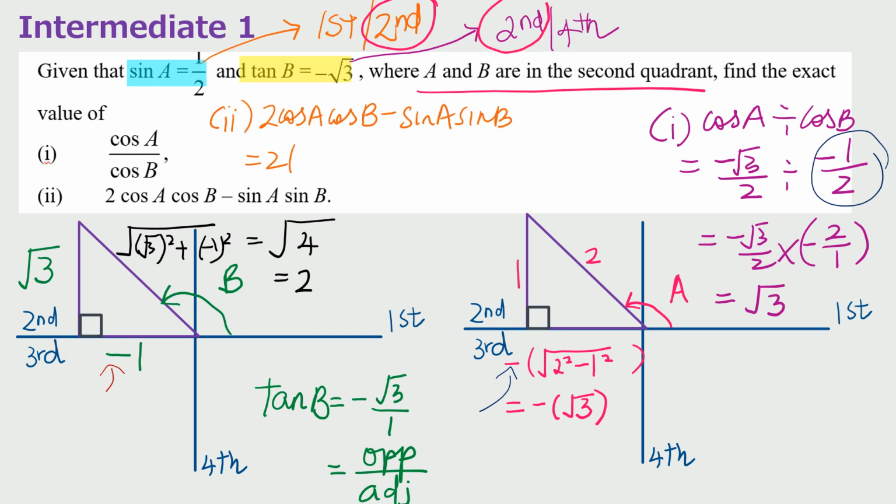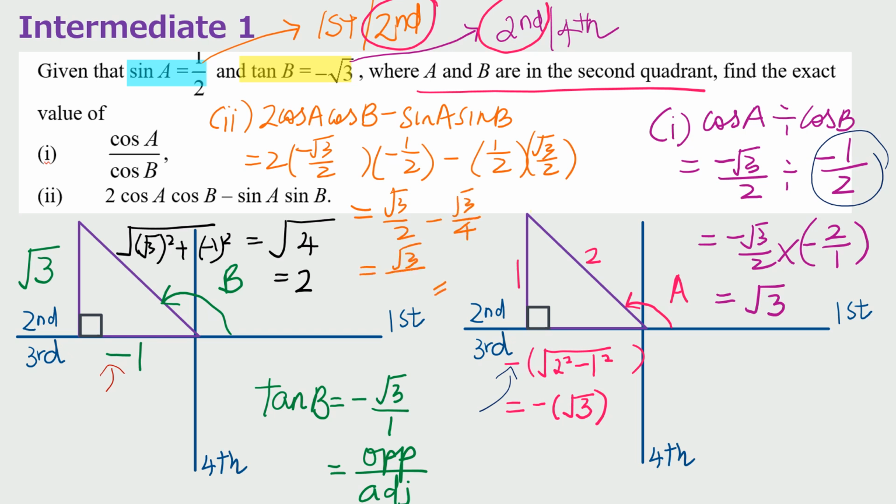Let's look at part 2. Right, so for part 2, you can find the values of cosine A from the second diagram, cosine B from the first diagram, sine A from the second diagram, sine B from the first diagram, and then you're supposed to find the exact value, so do not use a calculator.